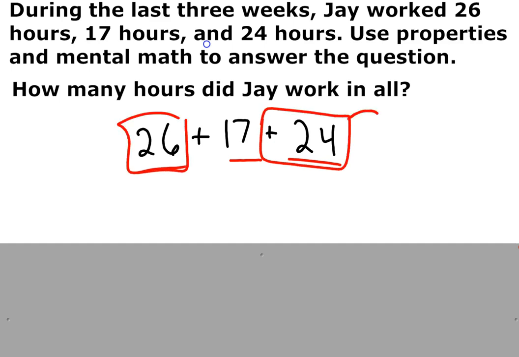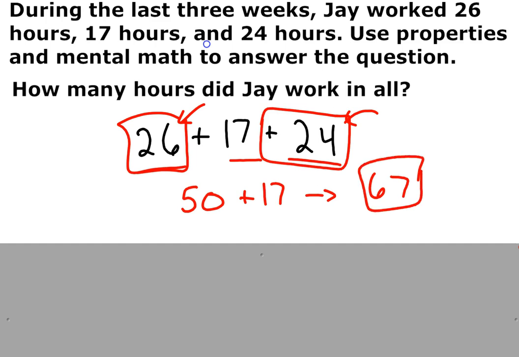The reason is because the 4 and the 6 will give us a 0 as the ones digit. So adding these together, we get 50 plus 17, giving us 67. A very simple trick, and it works just fine for us.